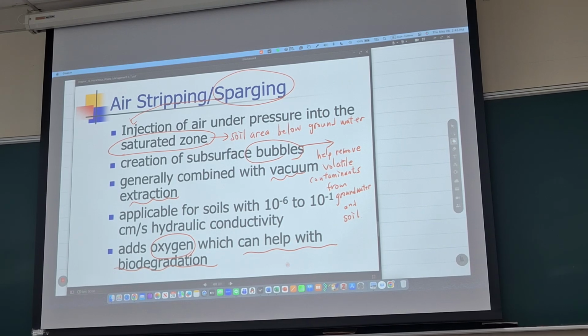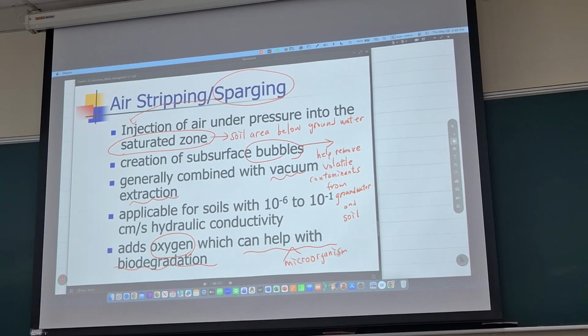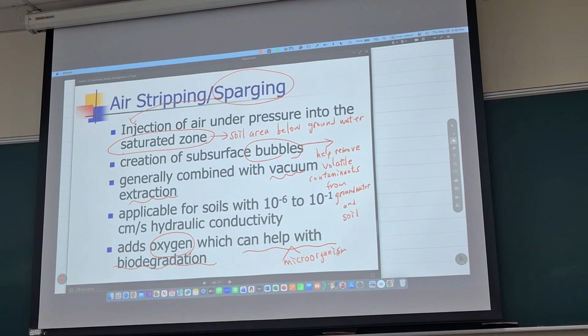So it helps who? It helps microorganisms. We add oxygen to help microorganisms with biodegradation.